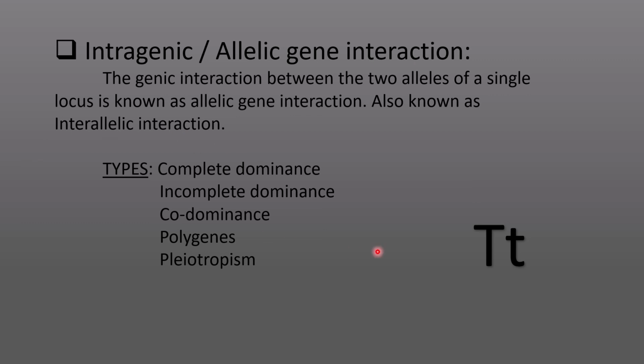There are different forms of allelic interaction. One is complete dominance, where the trait of the recessive allele is masked by the dominant allele. So this is an allelic interaction where a character is influenced by the other allele. Then there are incomplete dominance, codominance, polygenes, pleiotropism. These types we'll discuss individually in further classes.